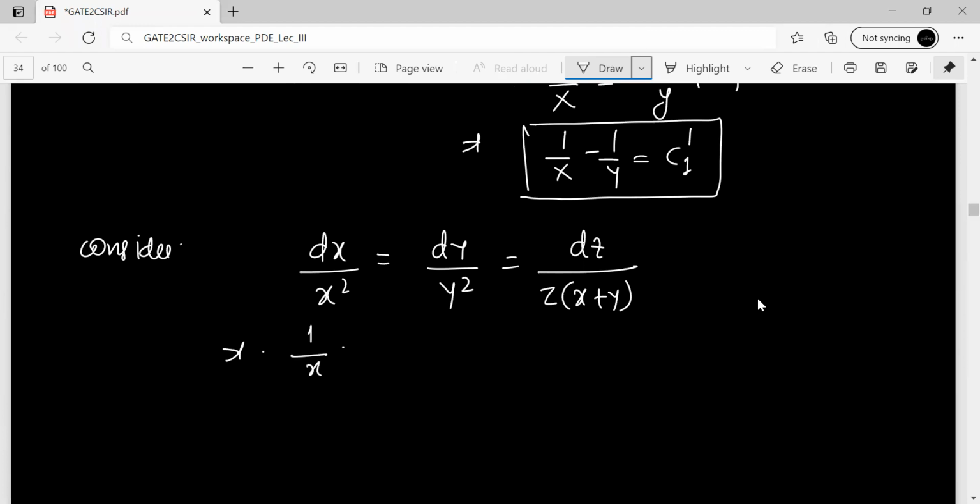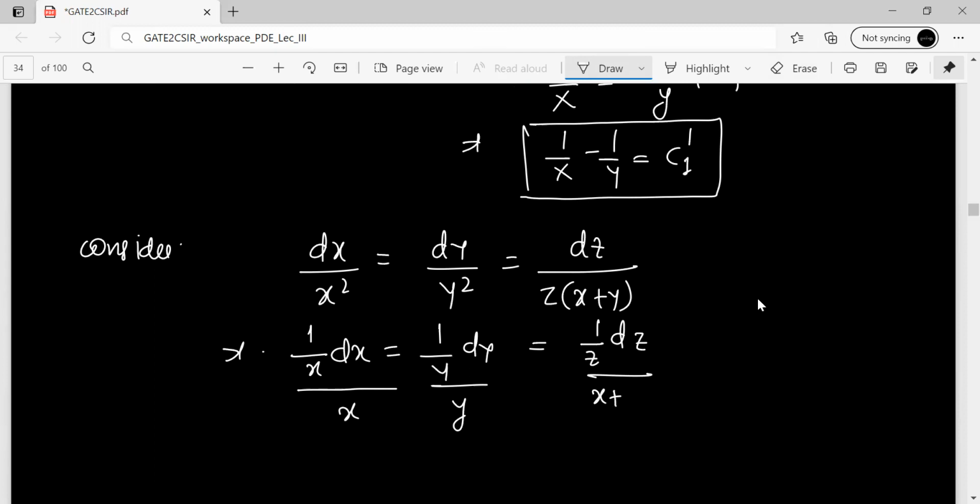Take 1 upon x dx equals 1 upon y dy. Instead, I'll divide by y square, and I'll divide this one by yz. So I'll be needing 1 upon z basically. So in the numerator, it will be 1 upon z, and then dz. And in the denominator, see what will happen. I'll be getting here x, it will be y, and it will be x plus y.